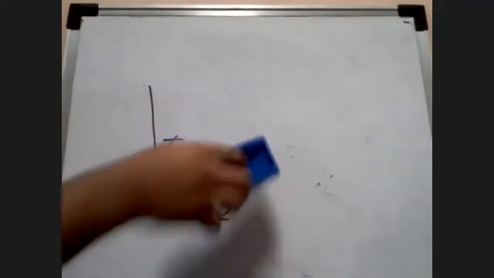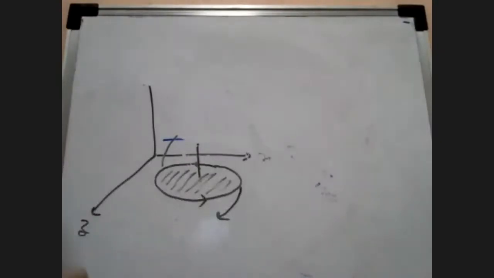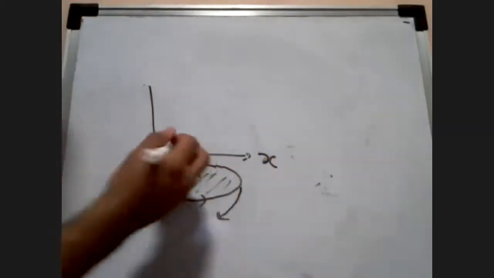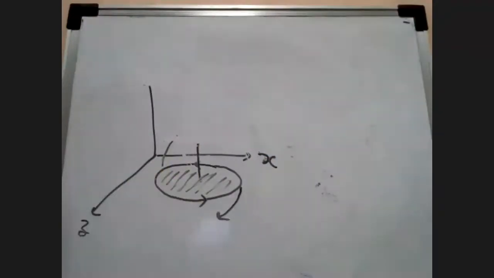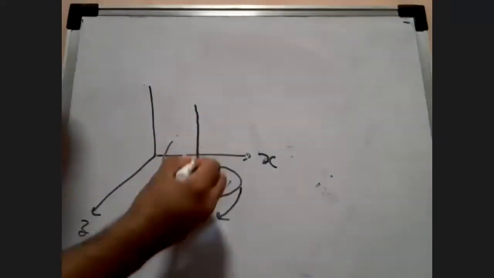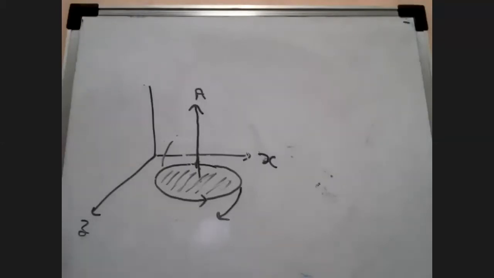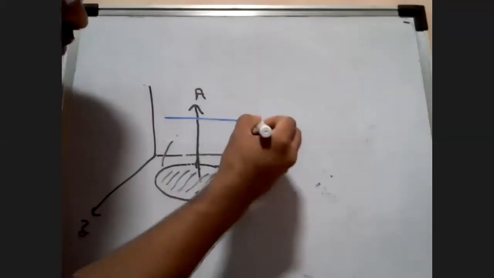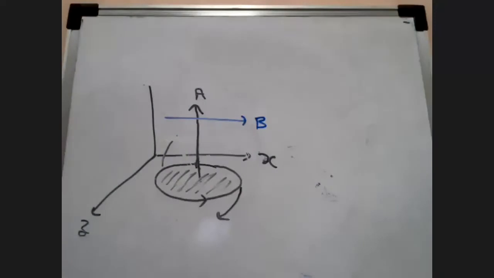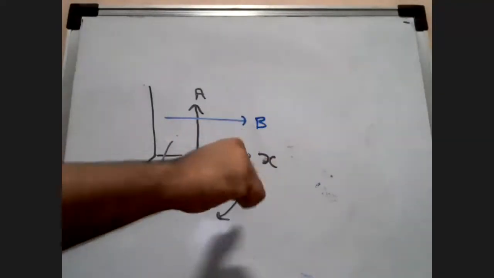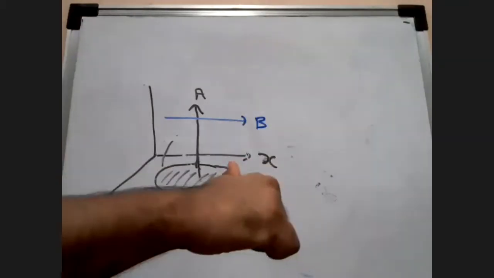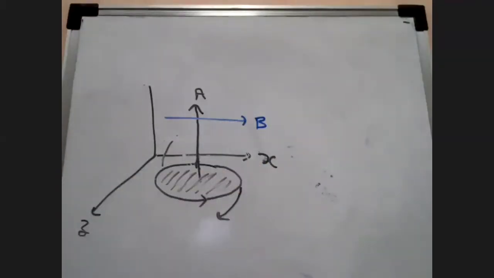Some students will tell me that the area vector is upwards and the magnetic field is basically like this. Till now we were studying the right hand rule. So when you move A to B, your thumb is pointing inside, and that is the direction of the torque.